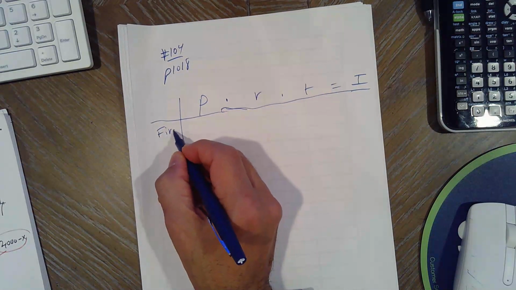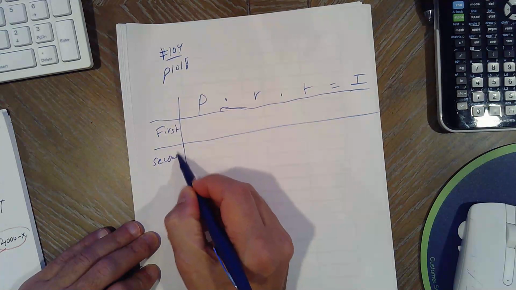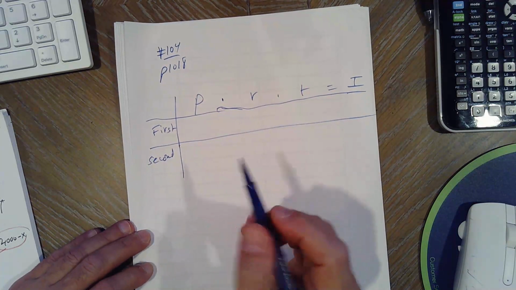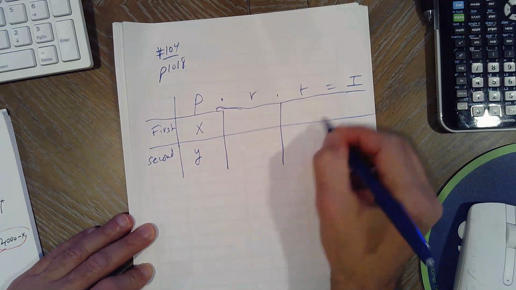So there are 2 investments. Let's call them first and second. We don't know how much was invested at each rate, x and y.